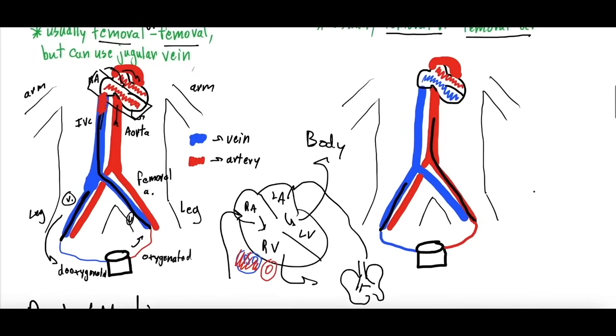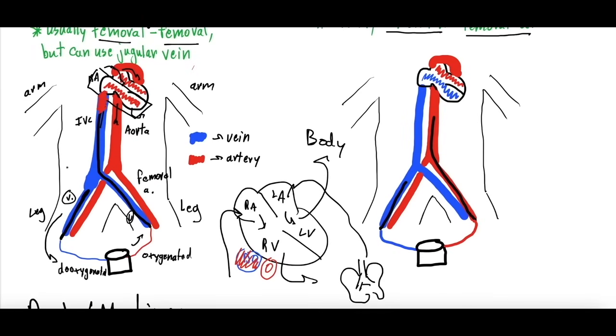So if we go back down to our picture, one cannula from vein and then the other cannula into vein. Here, though, we're taking it from the femoral vein, sucking this deoxygenated blood out. It gets oxygenated in the ECMO circuit, and it gets pumped back into the femoral artery, right, red instead of vein. And this then goes into retrograde flow back to the heart, which we'll talk about a little bit more in a second.